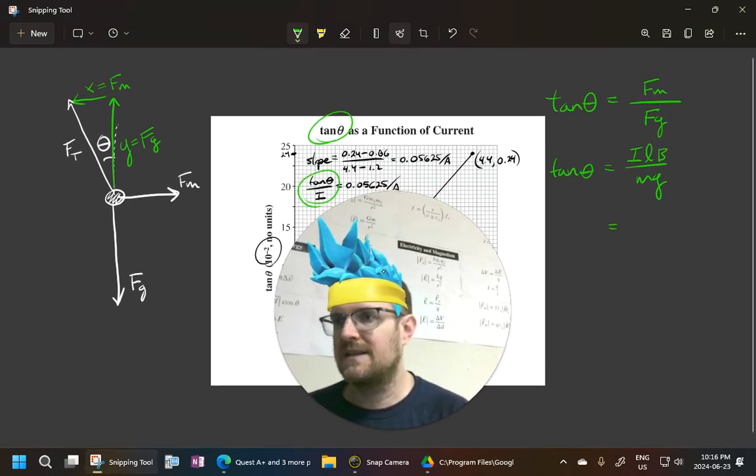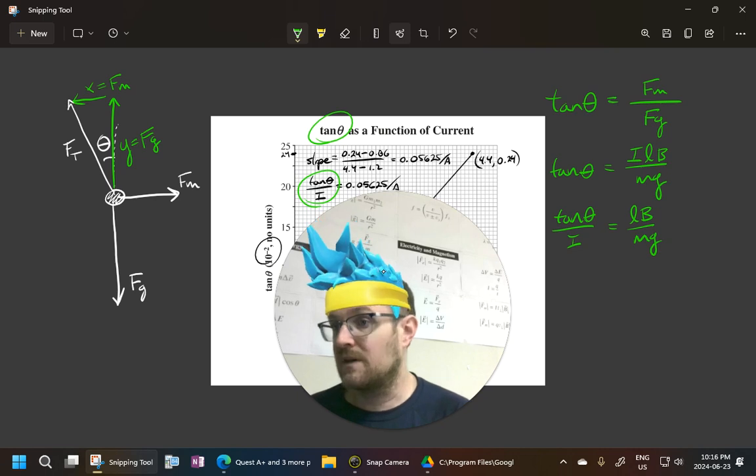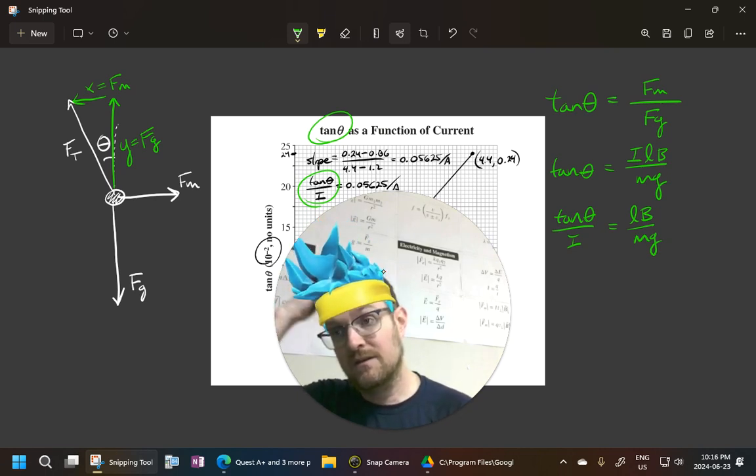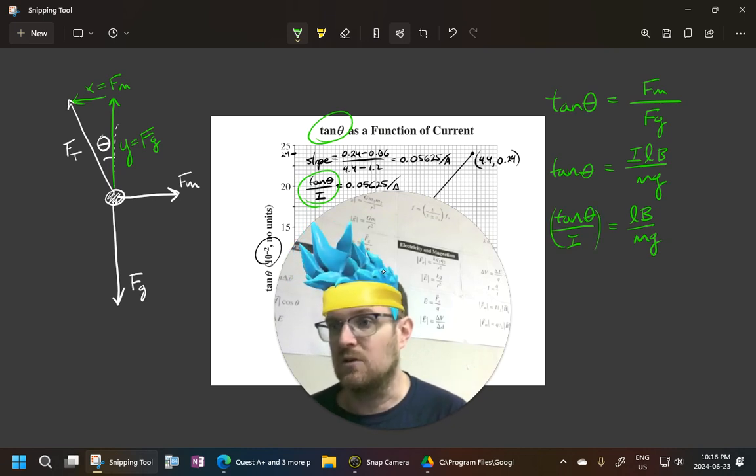So if I can find tan over I, I can just divide the I down to that side, and I'll have this side equal to it. What I'm looking for is b, but because I see tan over I, I can replace that with this number. So this here, that is my slope. I'm just going to write the word slope here. Keep that in mind. So now I can rearrange this equation for B.